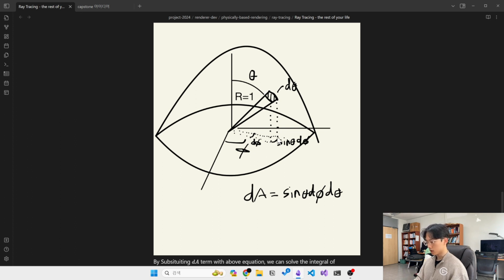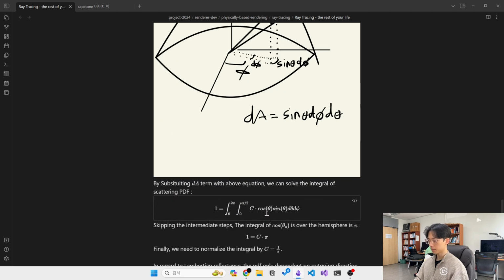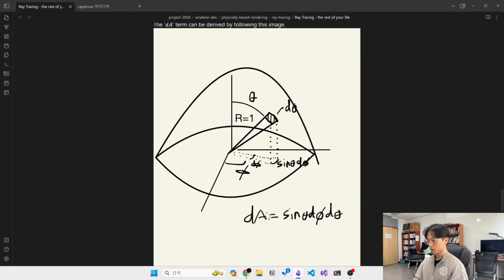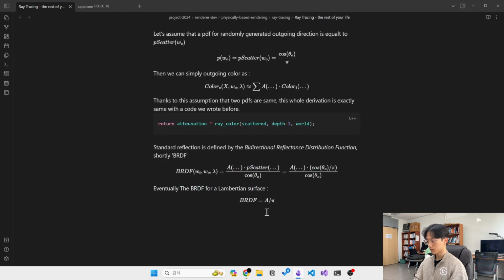So in this case, the length of this arc is equal to sine theta d phi, by multiplying d phi with sine theta. So we get this arc length, and this arc length. If we multiply them, we have a differential area. That's exactly what we do on the Lambertian surface.